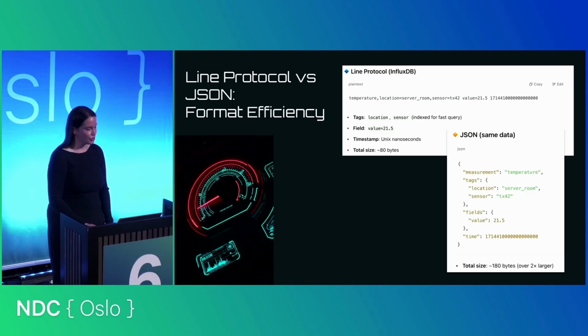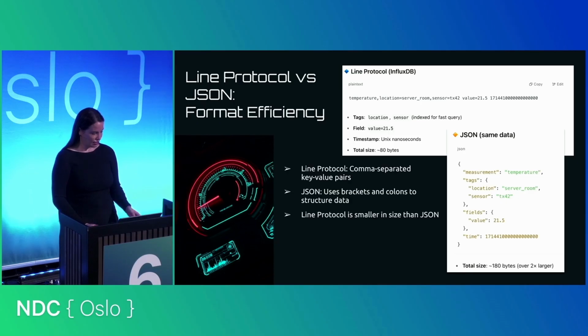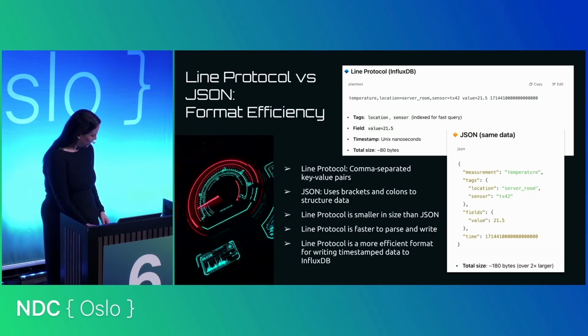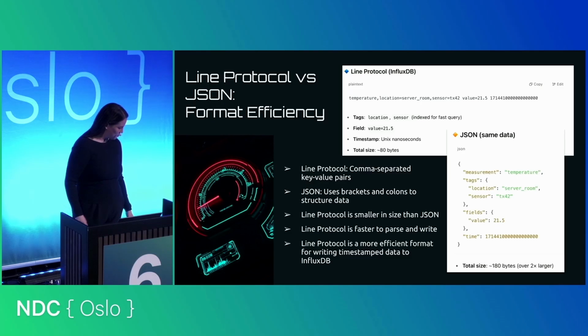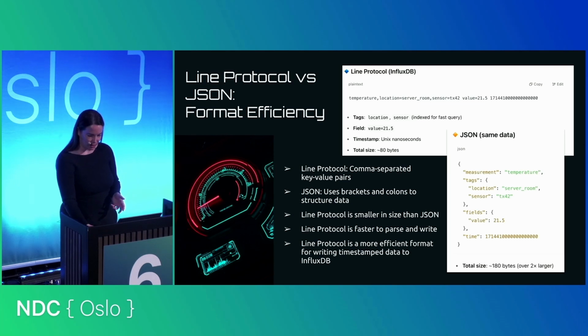All right, so here are the two compared to each other, to really appreciate the differences between them. Yes, these two differences really sped up the kinds of writes that I was doing. The size difference directly impacts your network transfer times, parsing speed, and storage.